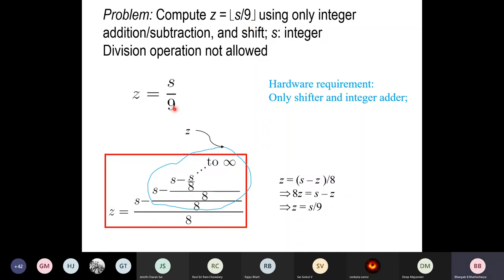So instead of S by 256, suppose I give you S by 255 and ask you how to do it. You can think of some kind of continued fraction, and you can do that. I leave it to you to study those kinds of problems.